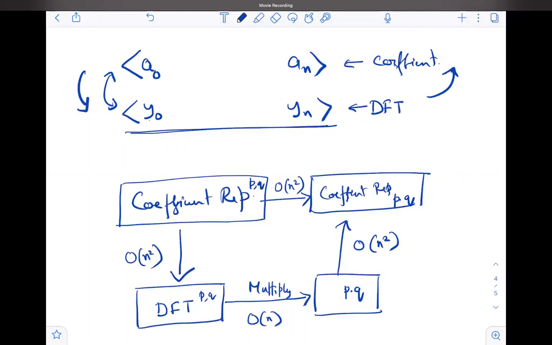I want you to push it down lower with this DFT representation, and you can do it here and even the other way. So think about how you are going to push this from the coefficient representation to the DFT representation, not in order n square time, but much lower, order n log n.